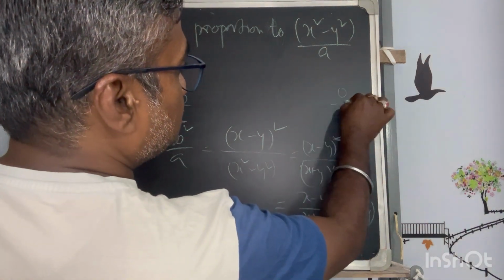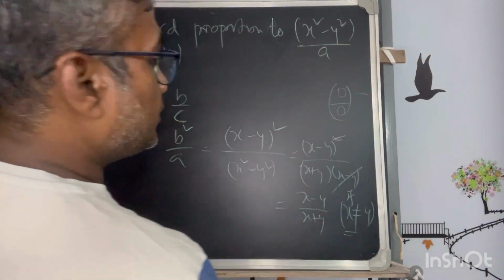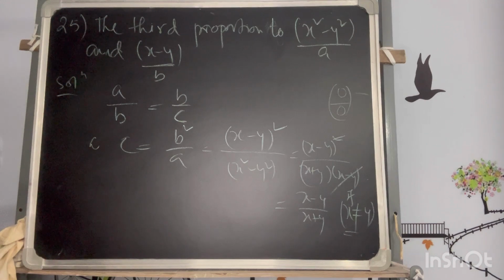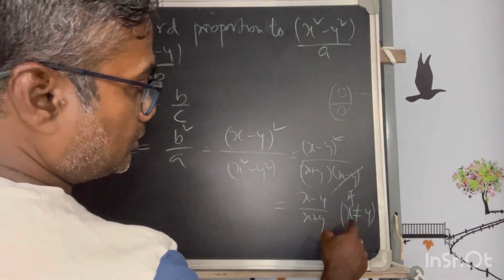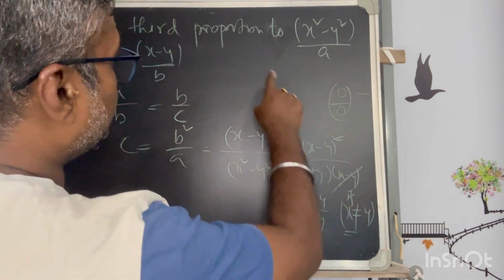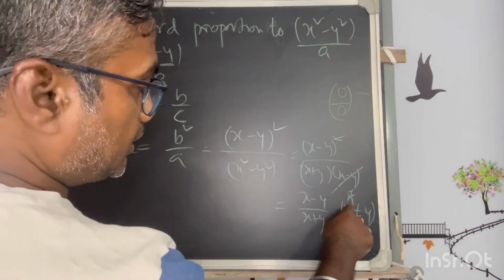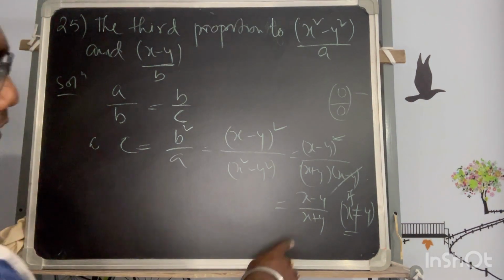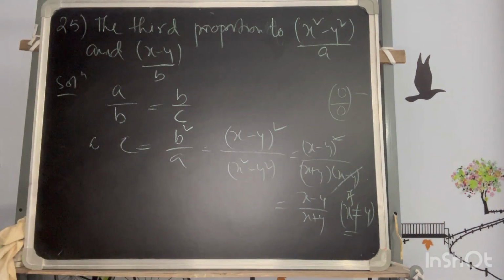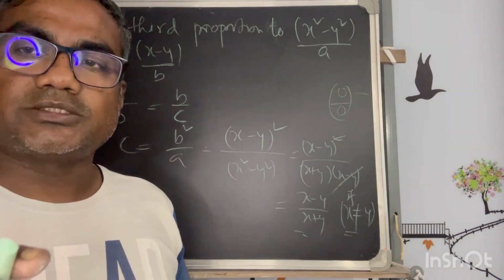So 0 by 0 has no definition in mathematics, and then the C value will not be a real value. So you have to fetch that condition, even if it is not given; you have to write that x is not equal to y, then only can I cancel this one. Okay, so this will be your result. The third proportion is this one. Okay, so I will end here. I will start from problem number 26 in the next video. Thank you.